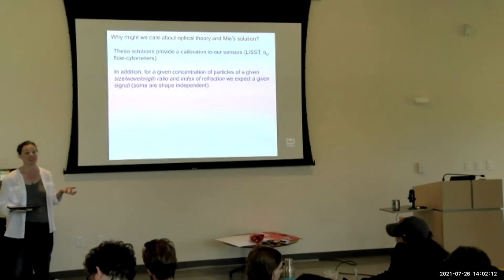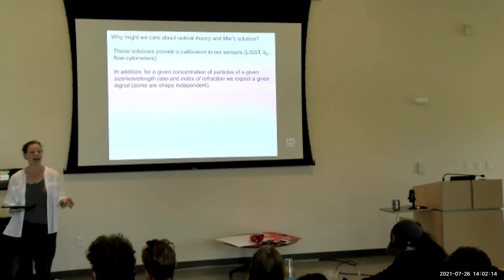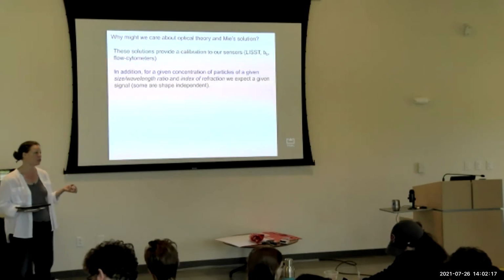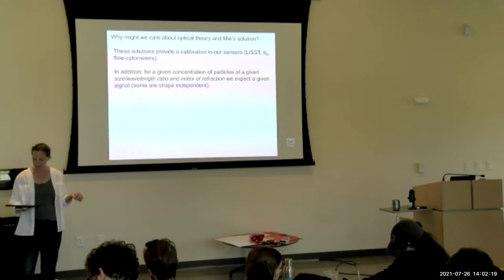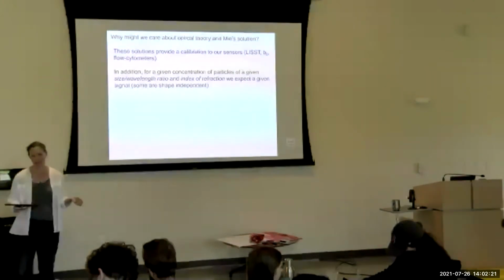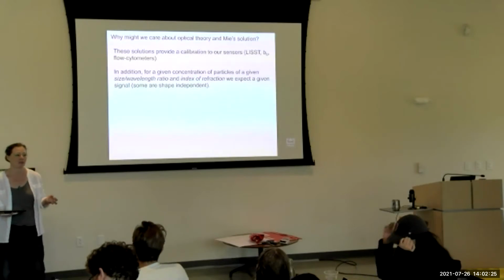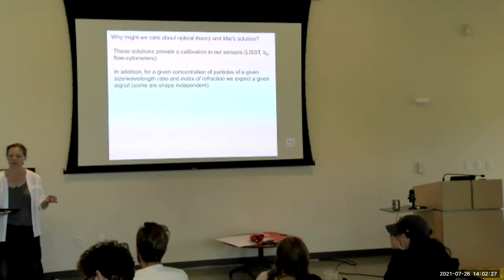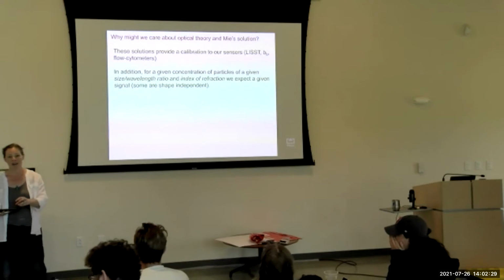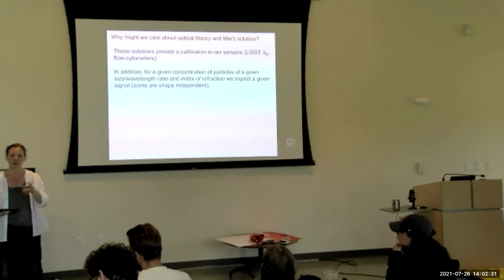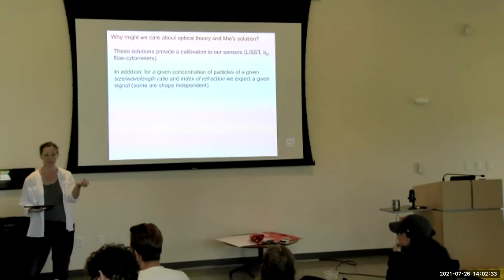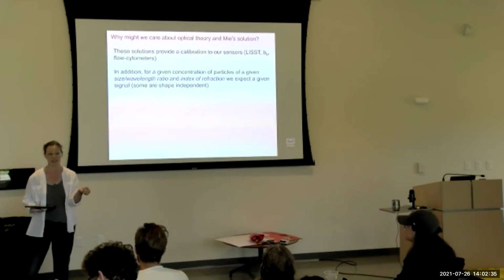Well, first off, it's very useful because it helps us calibrate our sensors, right? So all of our sensors, that includes backscattering sensors, flow cytometers, right? We calibrate all of these, especially in terms of size and scattering, through use sometimes of physical spherical particles with known refractive index and size, right?